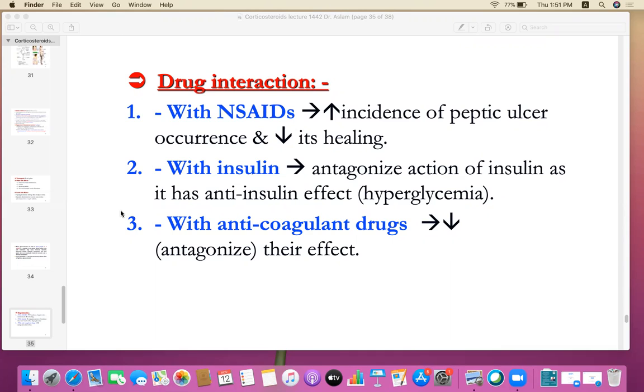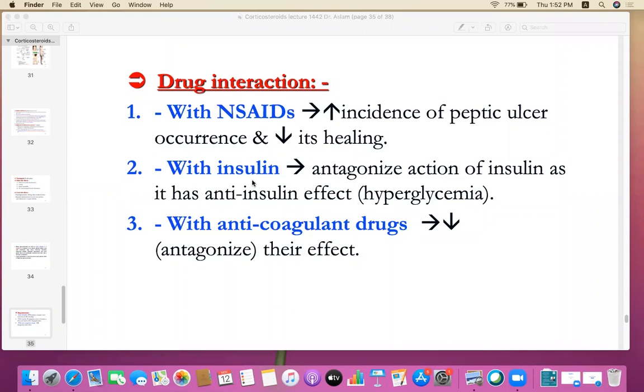It will cause gastric mucosa destruction. And we've seen that the corticosteroid itself masks the peptic ulcer by decreasing prostaglandin synthesis.